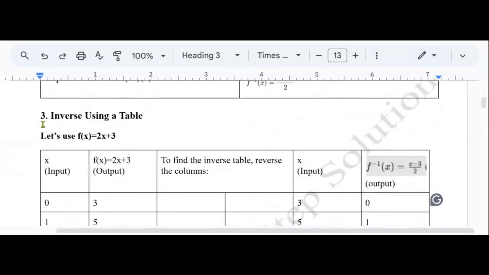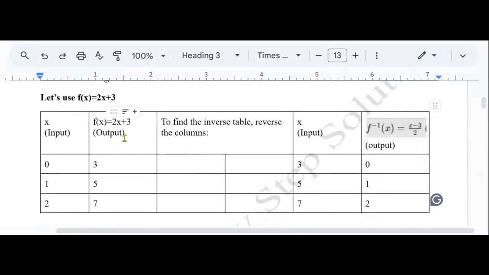Here he said inverse using a table. Let's use f of x equals x plus 3, and he put here the values. x is 0, 1, 2. If you put 0 here, how much is y? 3. If you put 1, 5. If you put 2, 7.